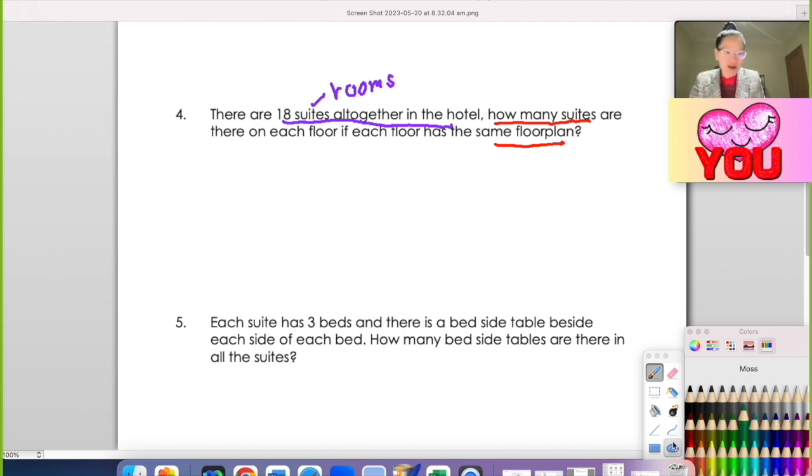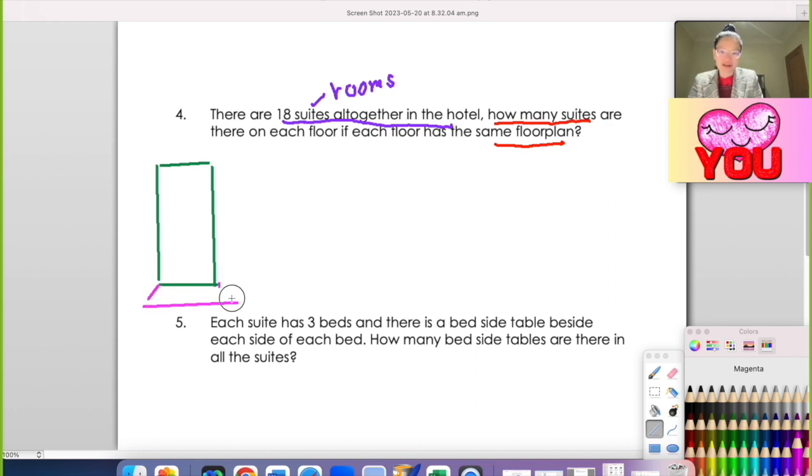Do you remember our hotel? How many floors does our hotel have? This one is the lobby, some stuff. How many floors all together? Do you remember how many floors? 6, yep. From the question, 1, 2, 3, 4, 5, 6.